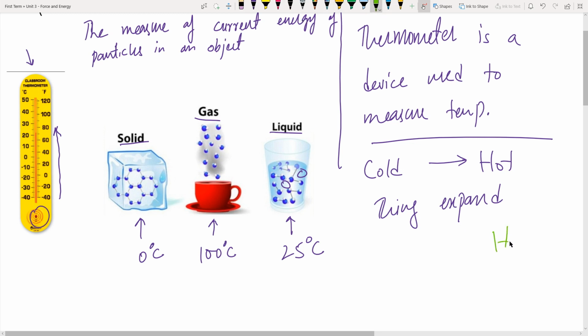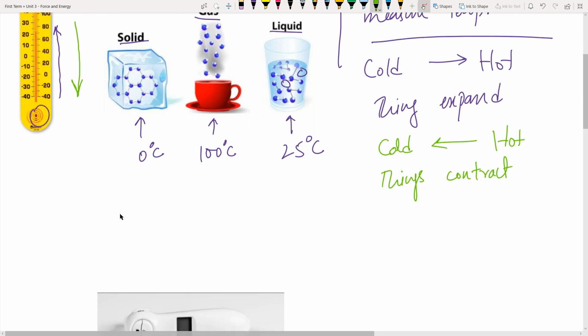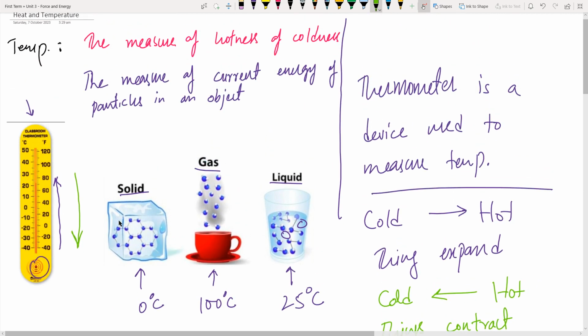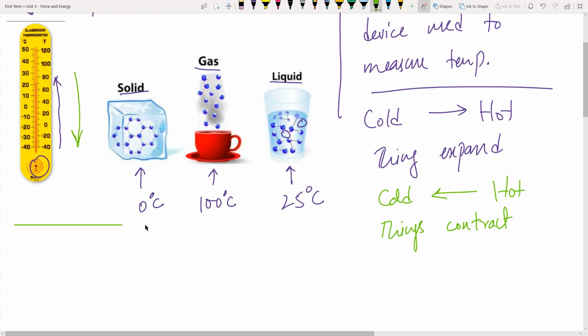From hot to cold, things contract, right? So that means if I cool this bulb down, then I'm going to see a drop in the temperature reading, right? So this is how we use temperature as a measure for the energy of the particles.